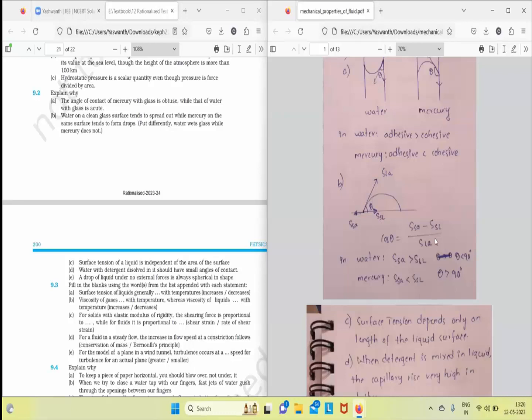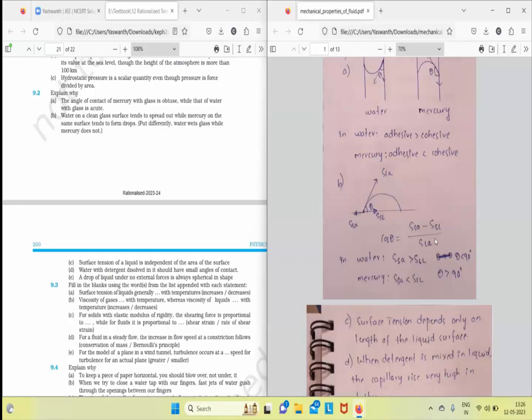So cos theta is greater than 0, which means that theta is acute. Coming to the case of mercury, the interaction force between solid and air is less than the interaction force between solid and liquid, which means that the numerator will be less than 0. So cos theta is less than 0. So obviously theta will be obtuse.